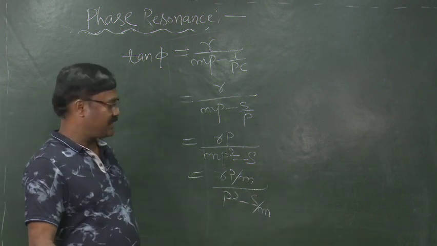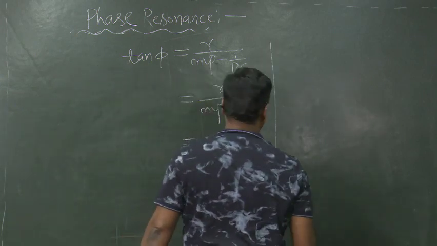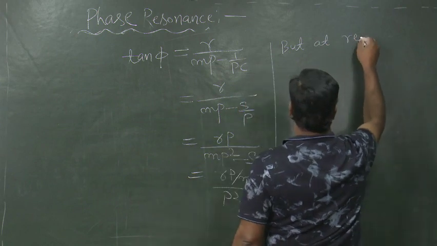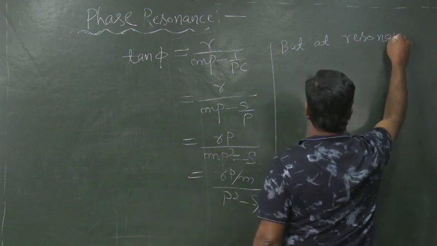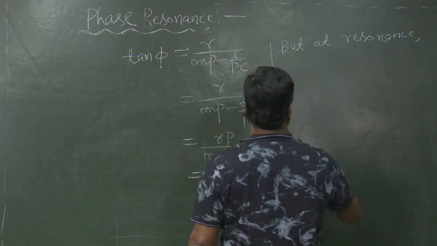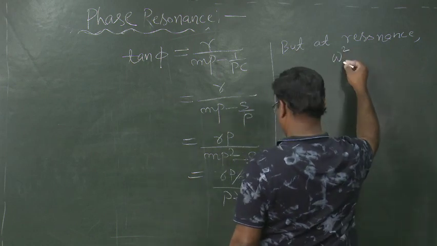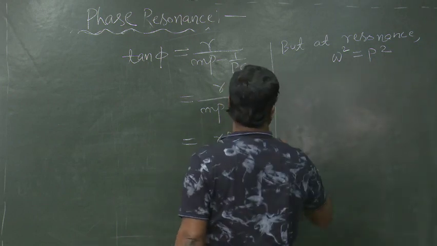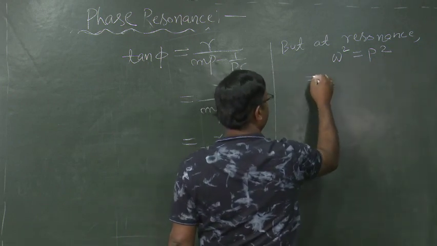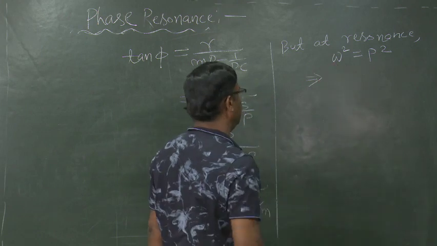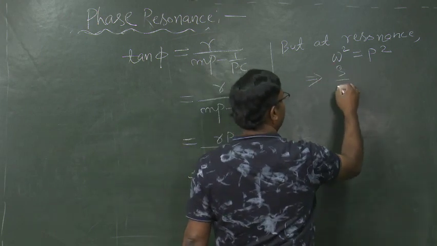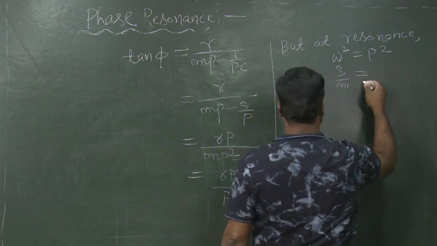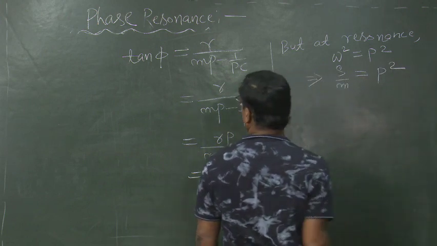But at resonance, omega square is equal to p square, which implies omega square is nothing but s by m, and this is equal to p square.